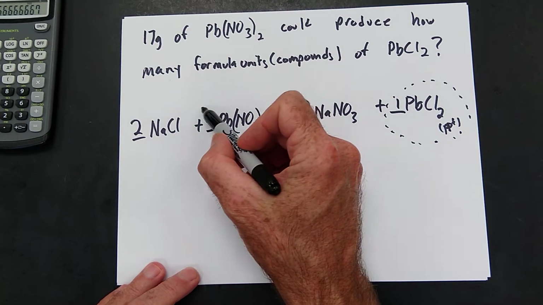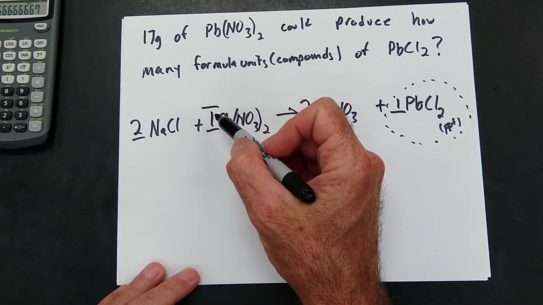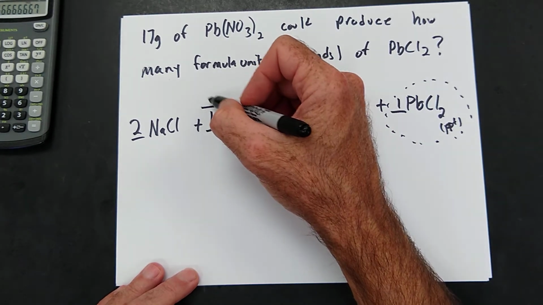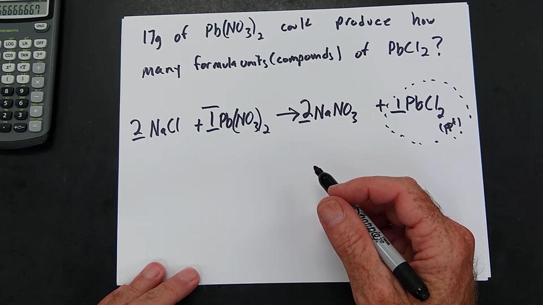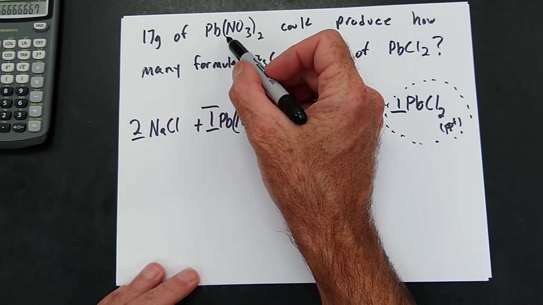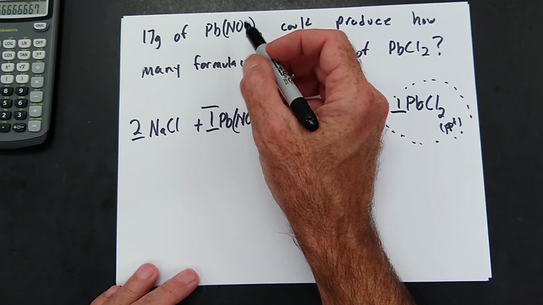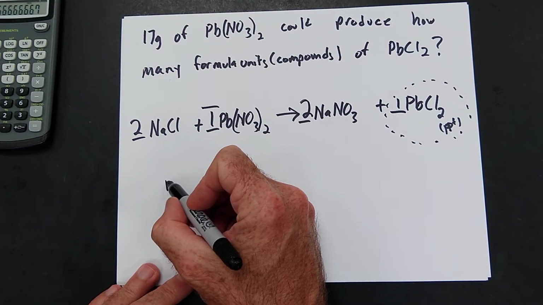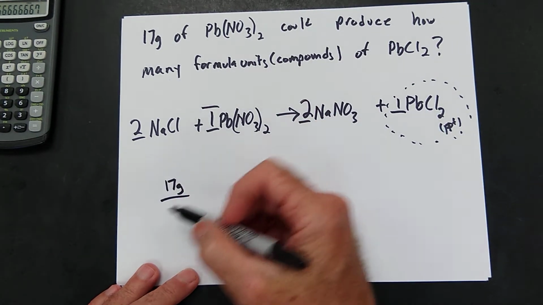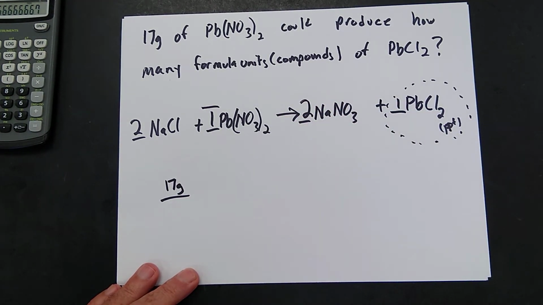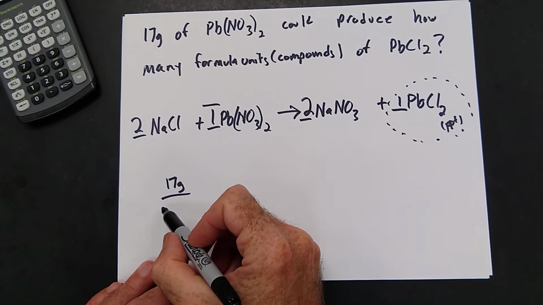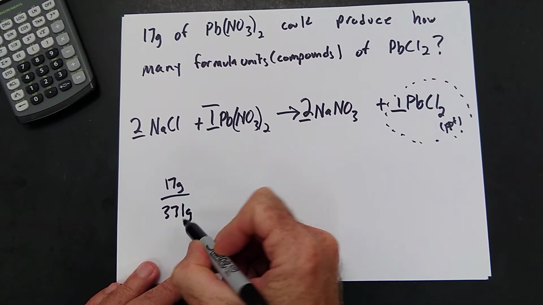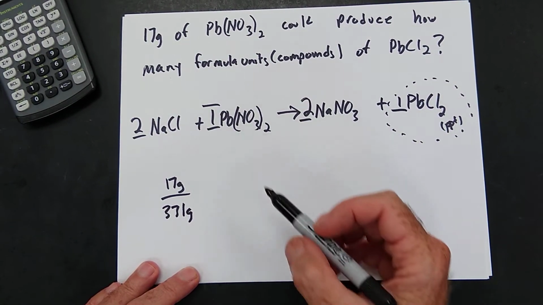All right, 17 grams of lead-2 nitrate, that's our given number. Can I put 17 grams right here? No. Right here I need to put moles. How can I convert 17 grams of lead-2 nitrate to moles? That's right, I'm going to divide 17 grams by the mass of lead-2 nitrate. I got 331 grams to be the mass of lead-2 nitrate.